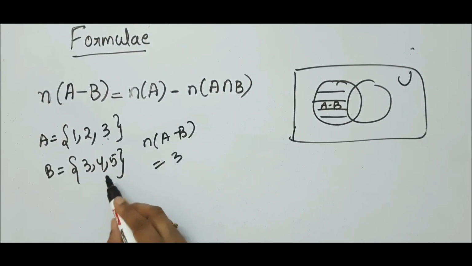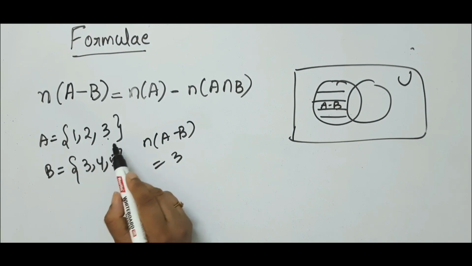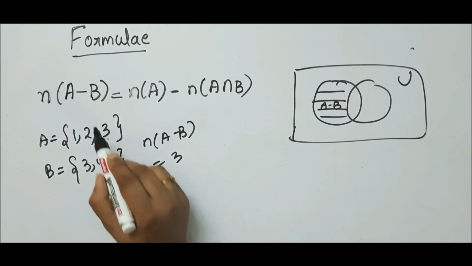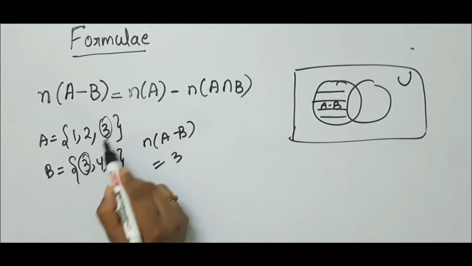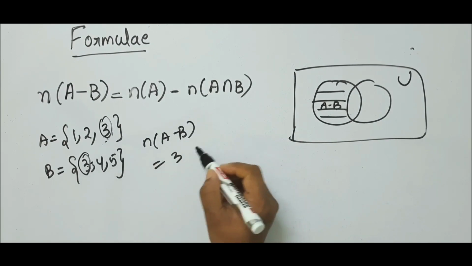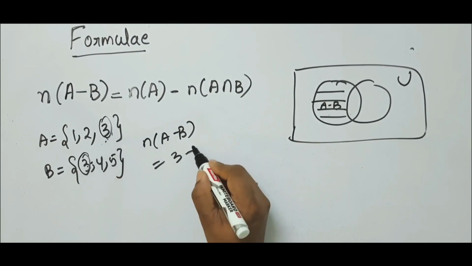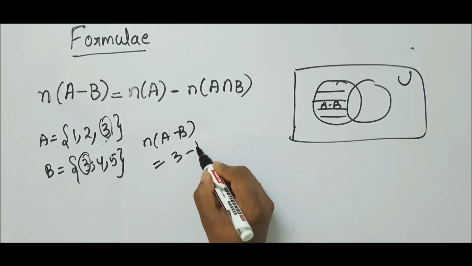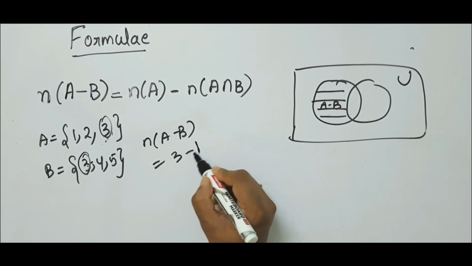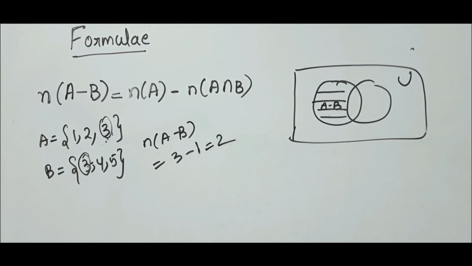Okay. Next, concentrate on the common elements. How many common elements are there? One common element is there. Is it not? So keep a minus sign here. So the number of common elements is 1. So 3 minus 1 will be 2.